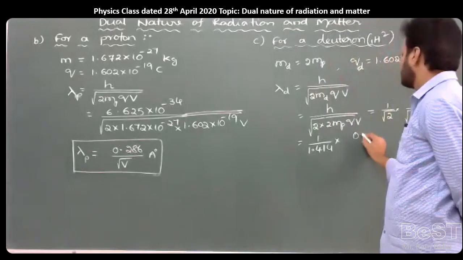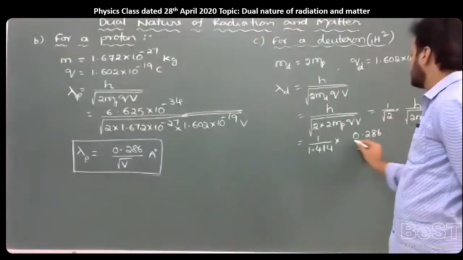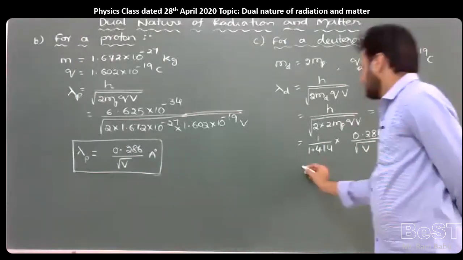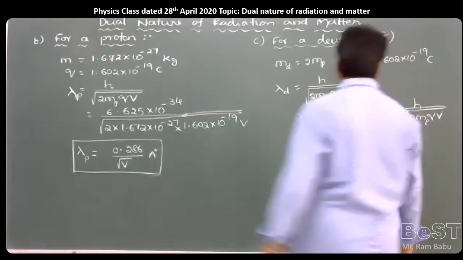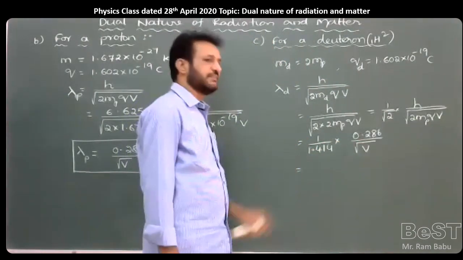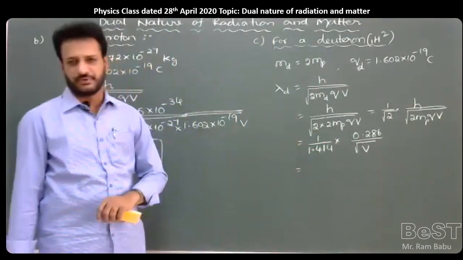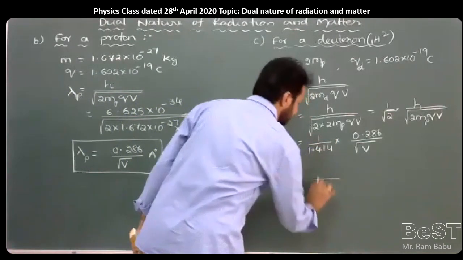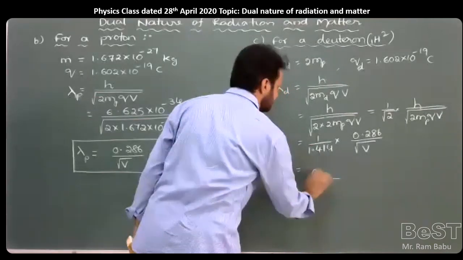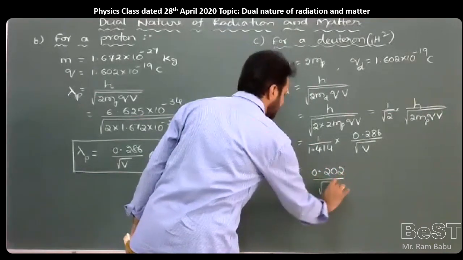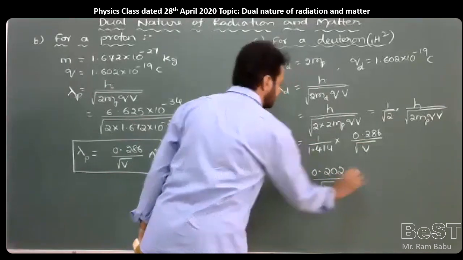I'll write it is equal to 0.286 by root V angstrom unit. Now check this value: 0.286 divided by 1.414. The root V need not change. We get 0.202 by root V angstrom unit.